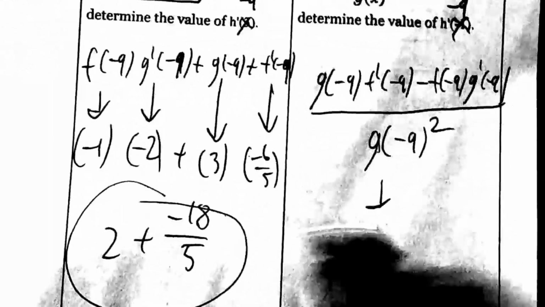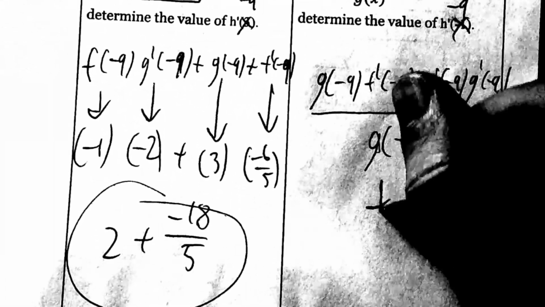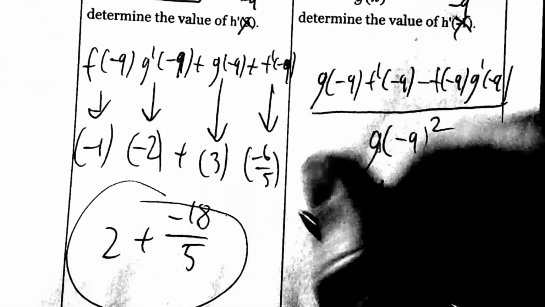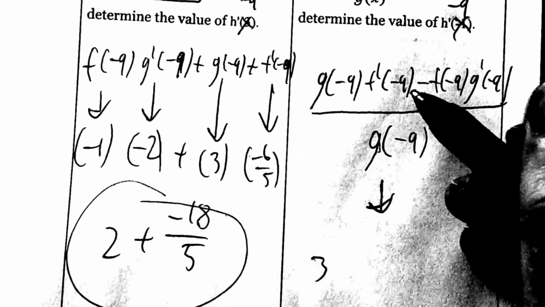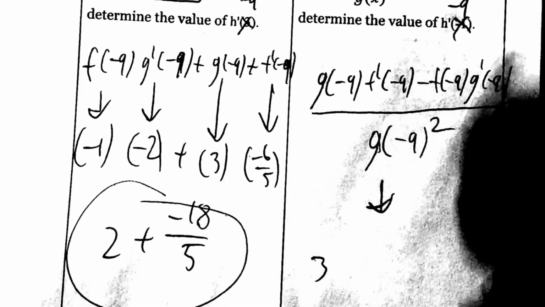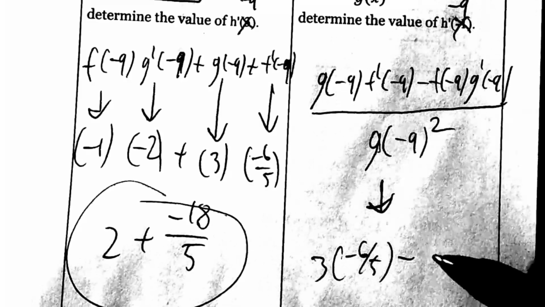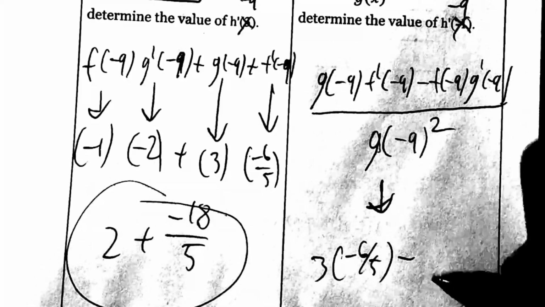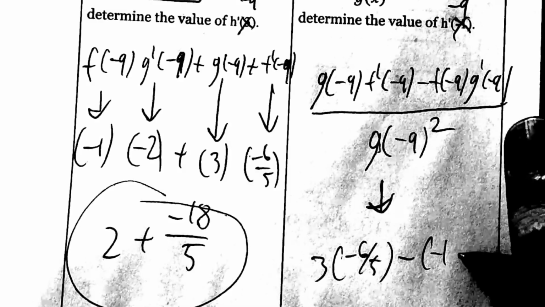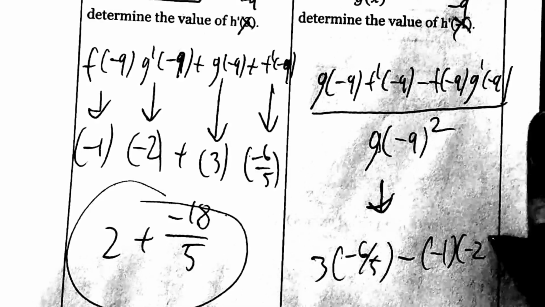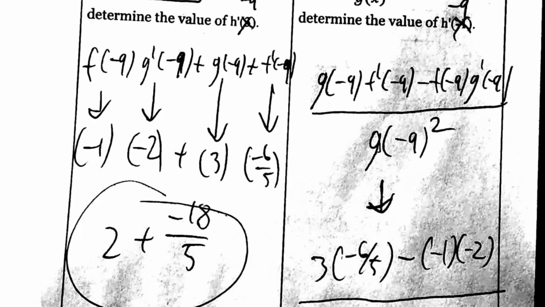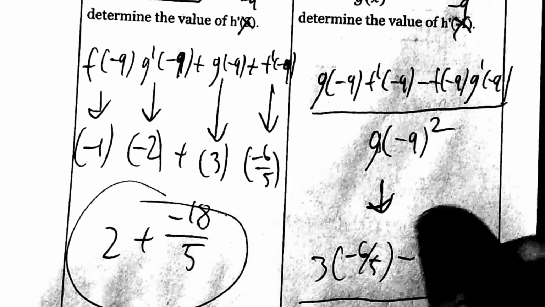And because we just found these values over to the left, we can just substitute them again. g of negative 9 was 3. The derivative was negative 6 over 5 minus, it's going to be the same as that over there, negative 1 times negative 2, all over 3 squared.